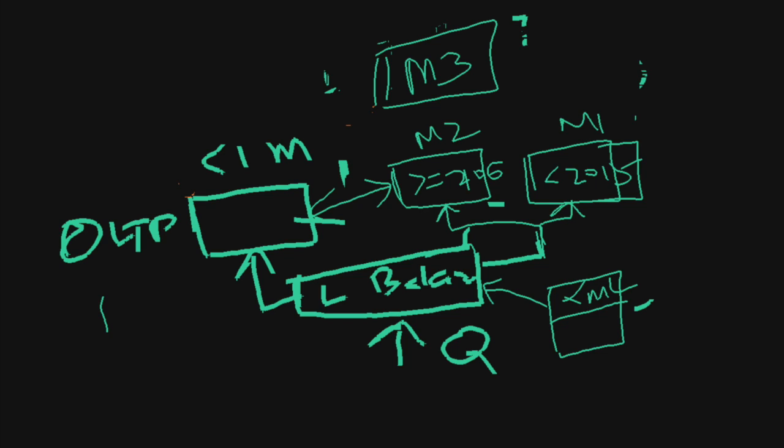Let's say someone asks for 2 months of 2015 and 1 month of 2016, then definitely this load balancer has to split the query and send it to the two machines, so that we get both the rows, then join and send it back. That's the load balancer's job.